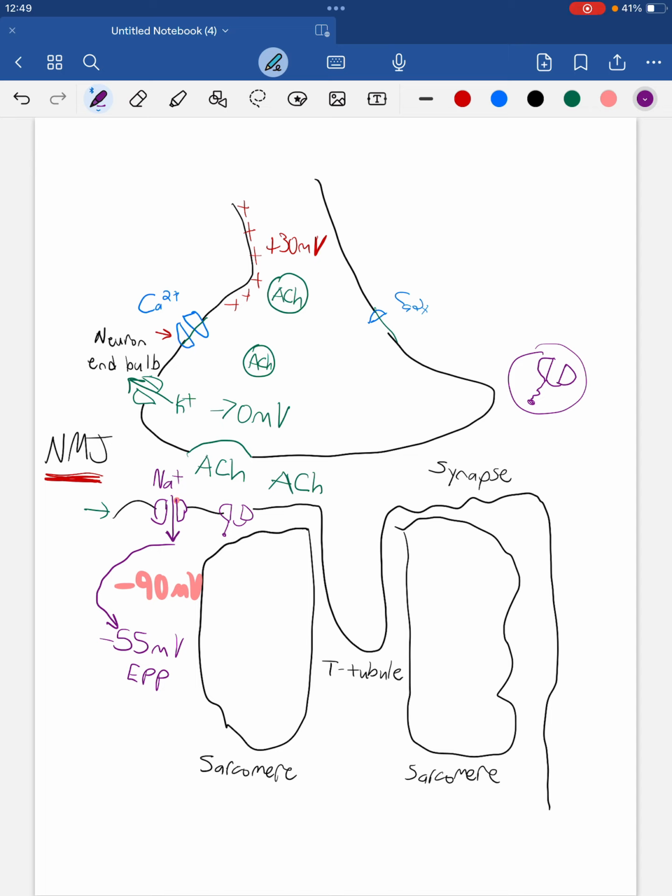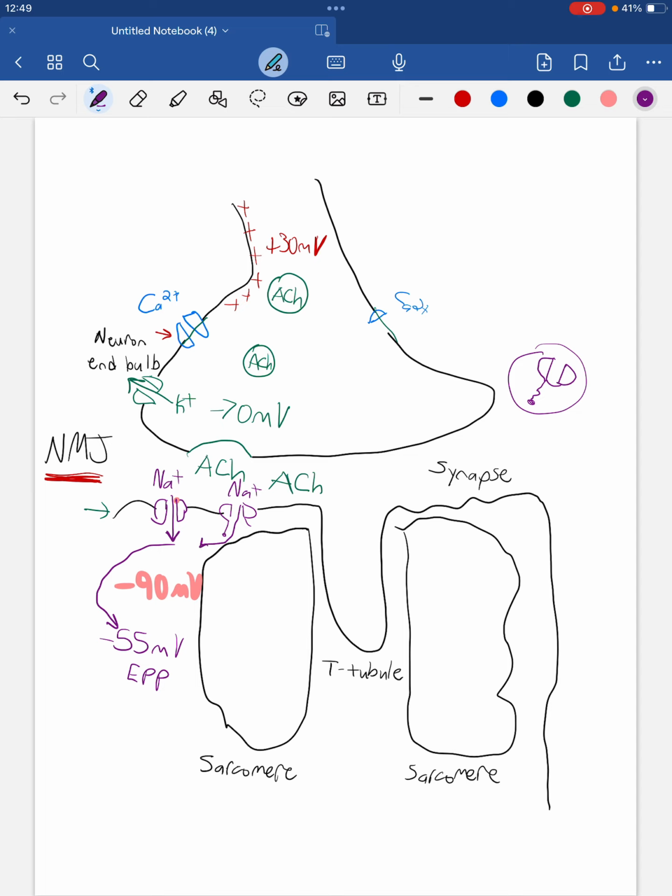So now our activation gate can open, so the swing opens. Now it's open, and even more sodium can enter into this muscle cell.